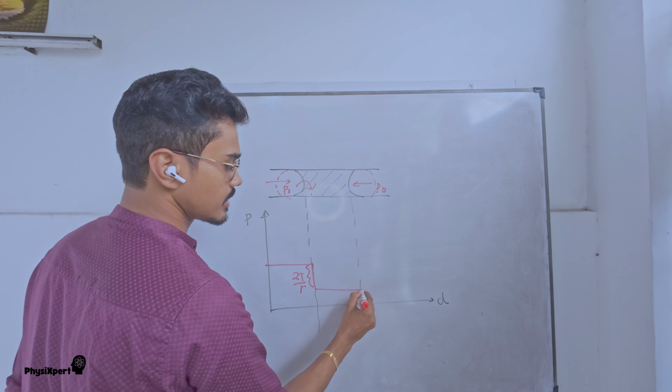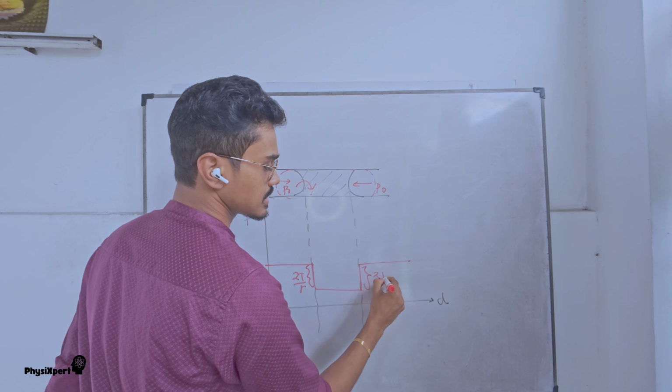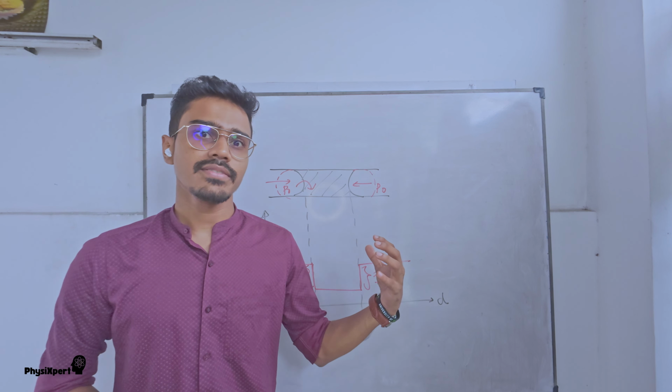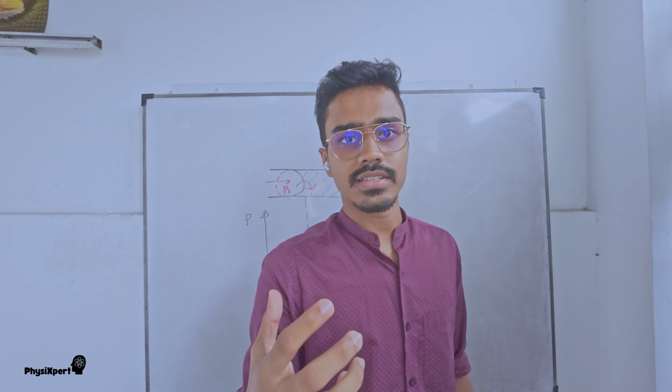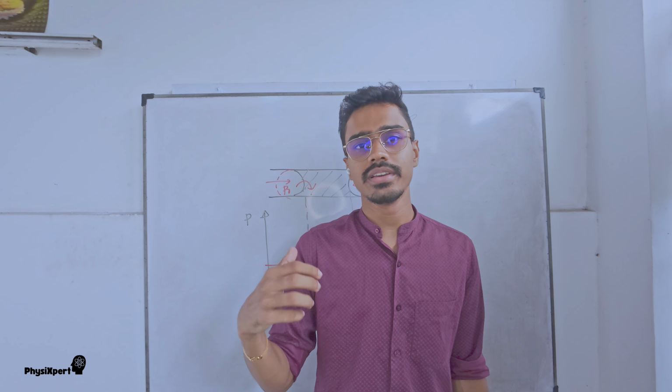Again at this point it increases to atmospheric pressure, and this is plus 2T over R. Likewise, we can plot pressure variations using the pressure difference across a liquid meniscus. Other learnings in hydrostatics should also be used when plotting this.